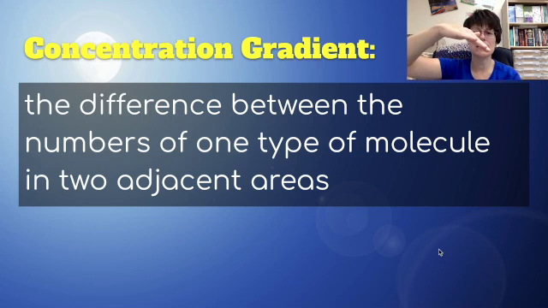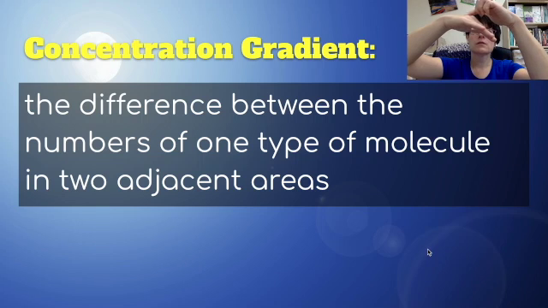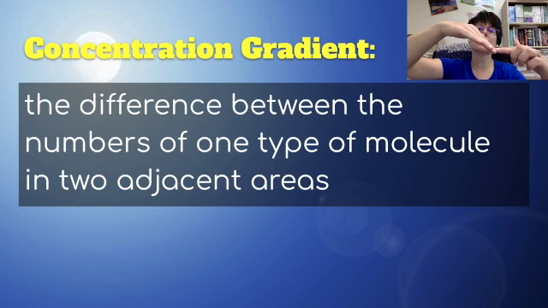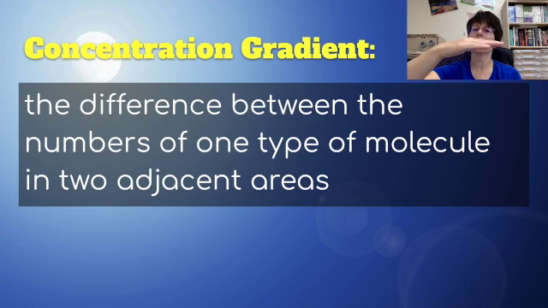It's almost like a hill, where the dark color is at the top of the hill, the light color is at the bottom of the hill. So it's moving from where it's dark to where it's light. That is what the concentration gradient is like. It's going to go from highly concentrated to less concentrated until it reaches equilibrium and everything is equal in there.